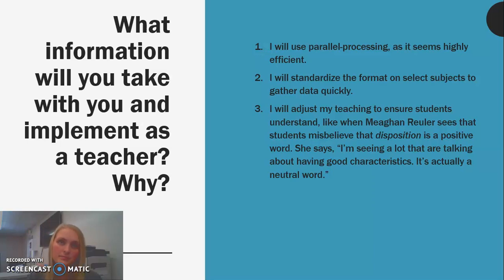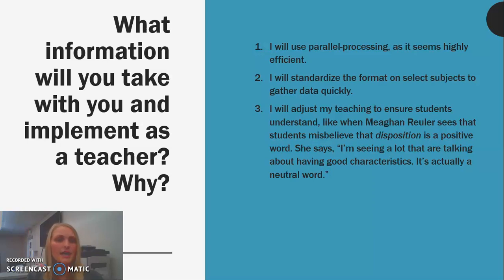Not going to be appropriate in every single case. There's a time and a place for different methods, and this will definitely work better in certain areas and at different times, but I can definitely see myself using it in my classroom just to gather a really quick assessment of if my students are understanding what I'm saying.